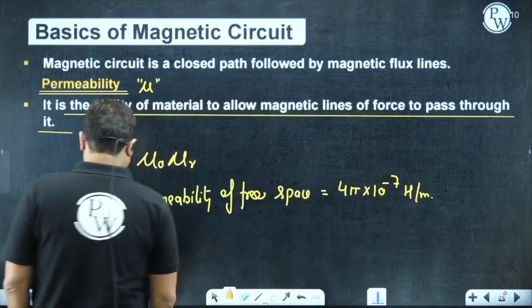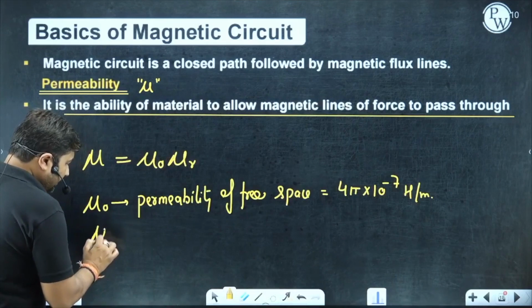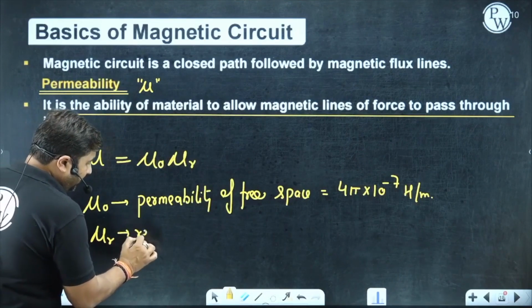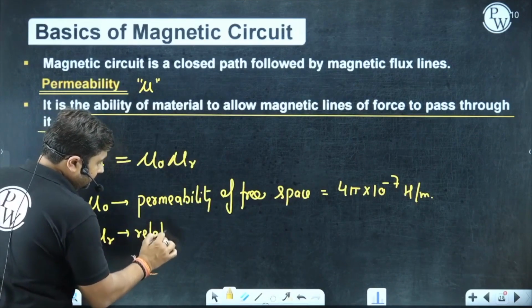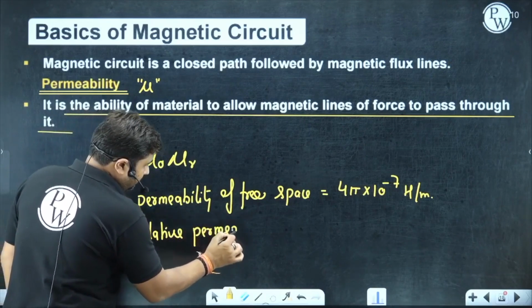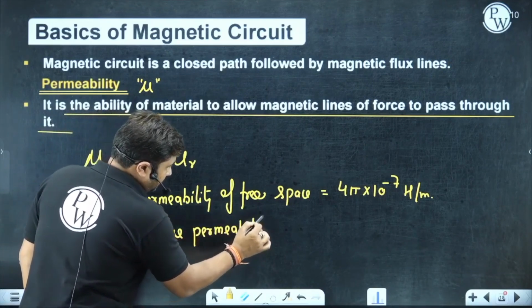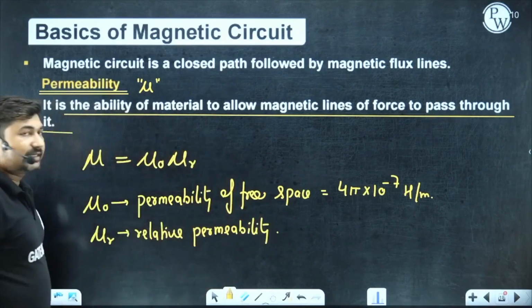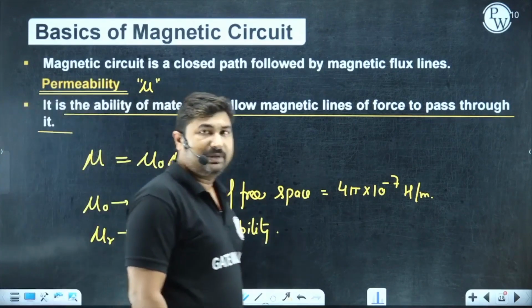Mu r is representing relative permeability.